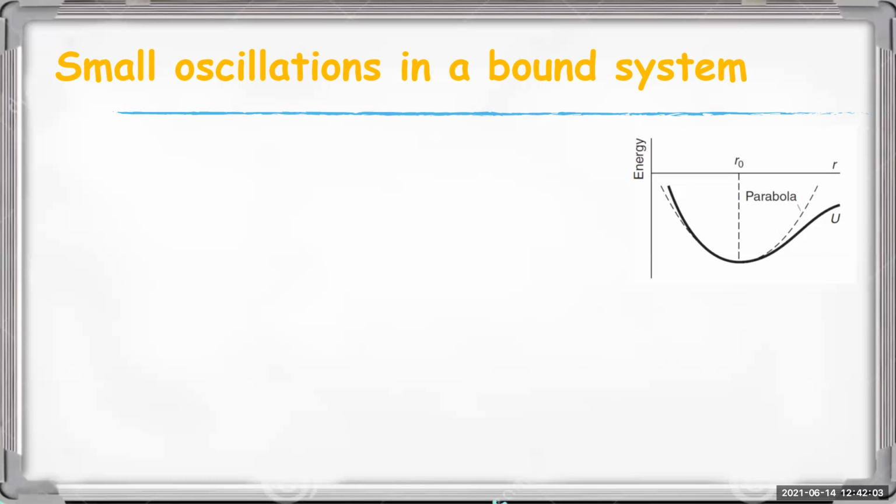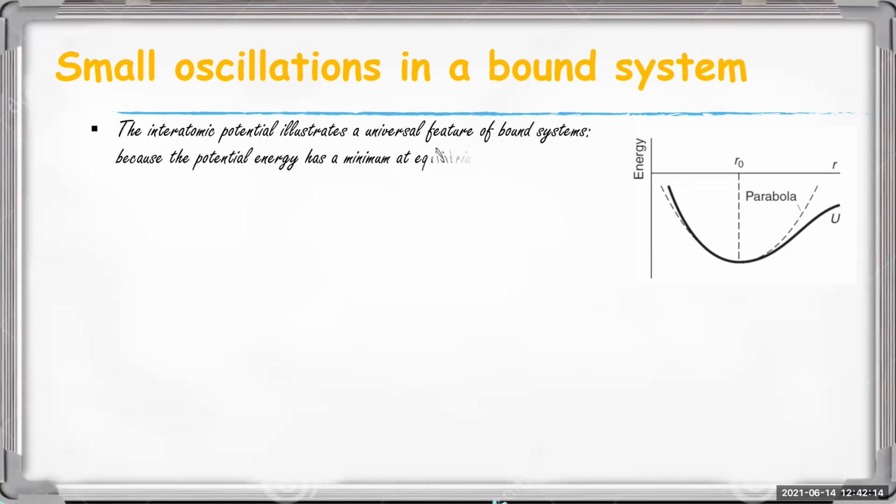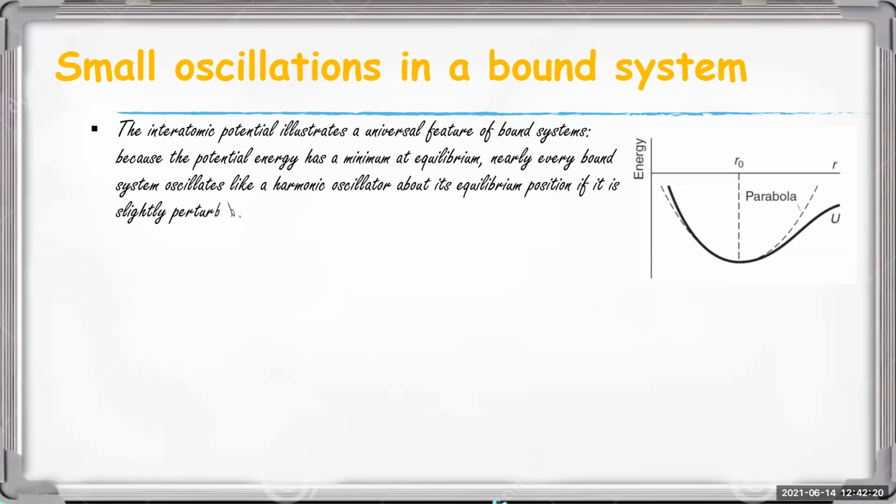We are taking the example of interatomic potential. In the figure, the interatomic potential energy curve is drawn, and the potential energy corresponding to a harmonic oscillator is also shown as dotted lines.